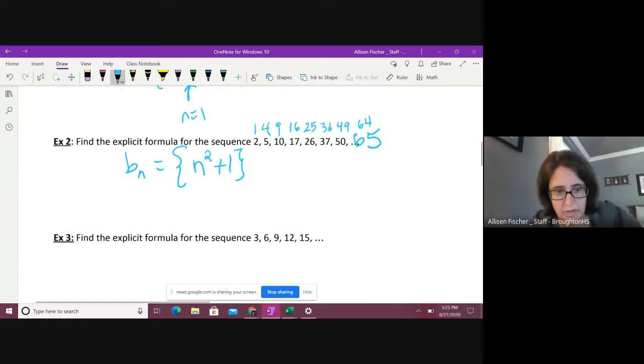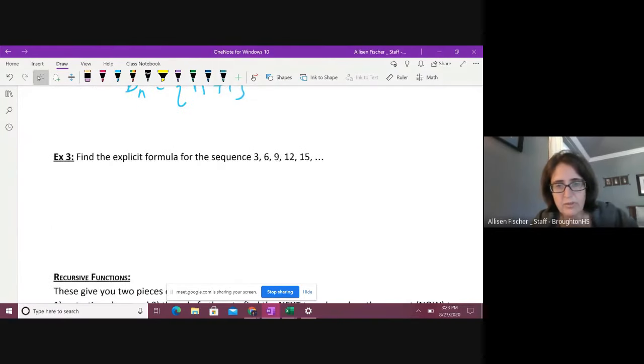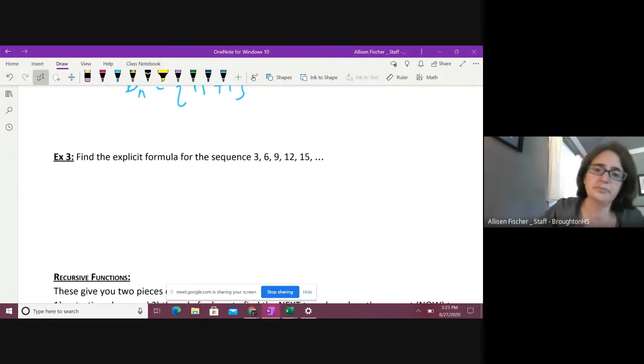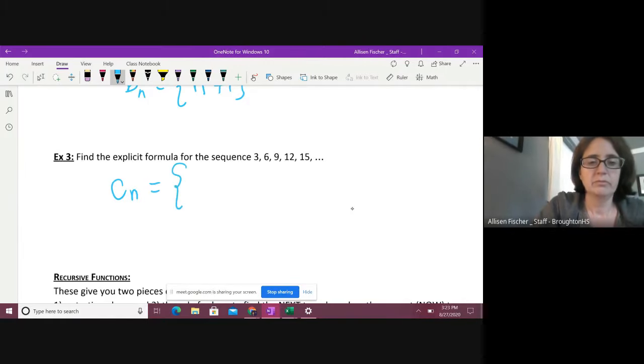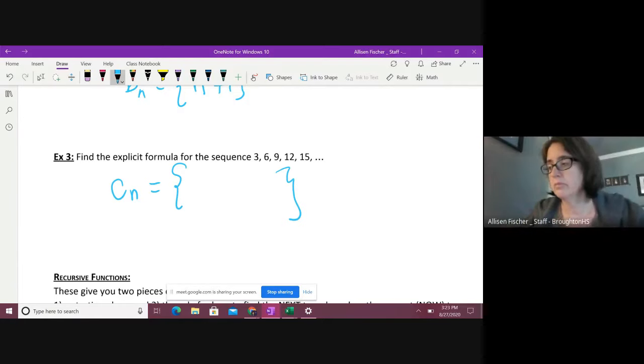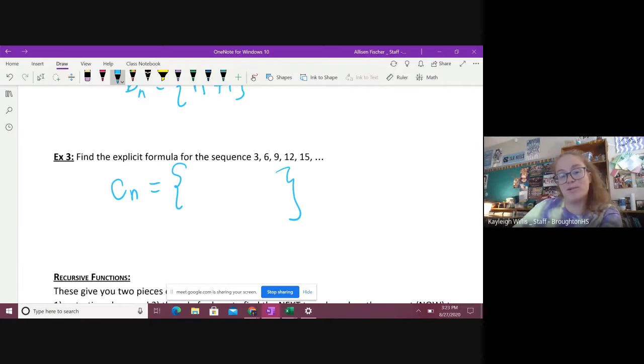So let's take a look at number 3. Find the explicit formula for the sequence 3, 6, 9, 12, 15. So what's happening in this one? Well, it looks kind of like I am multiplying something by 3, I thought, but then when I did, I think I'm on the right track, but it's not like 3 times 3.